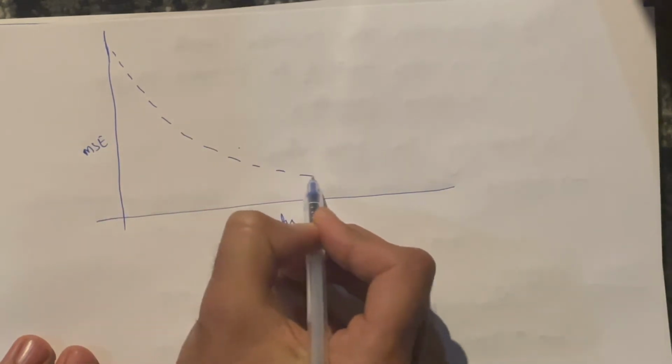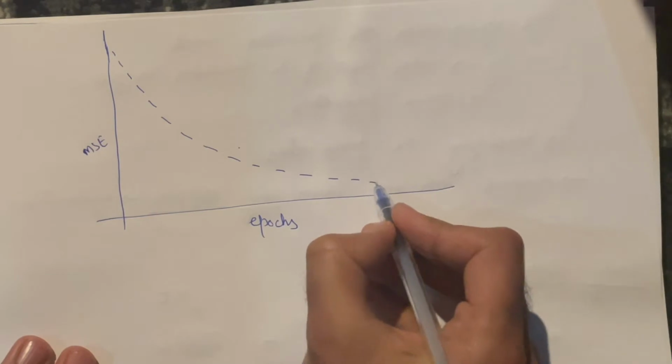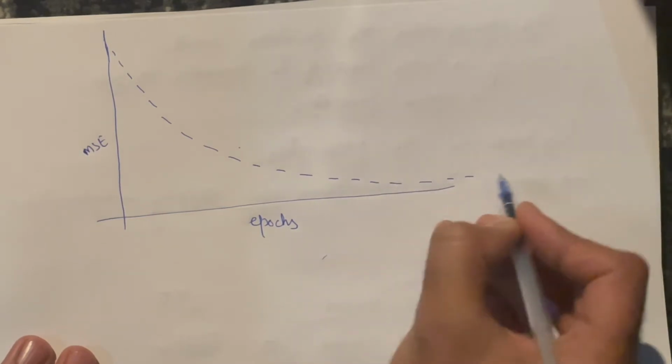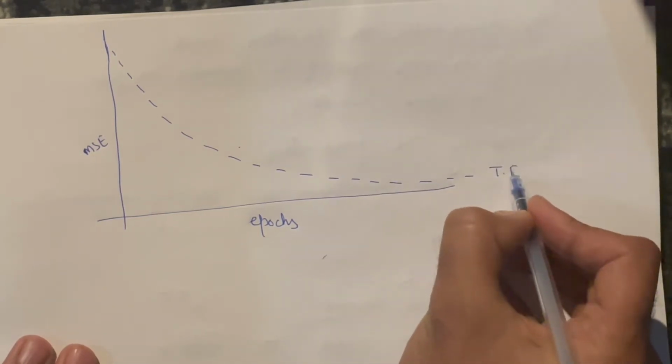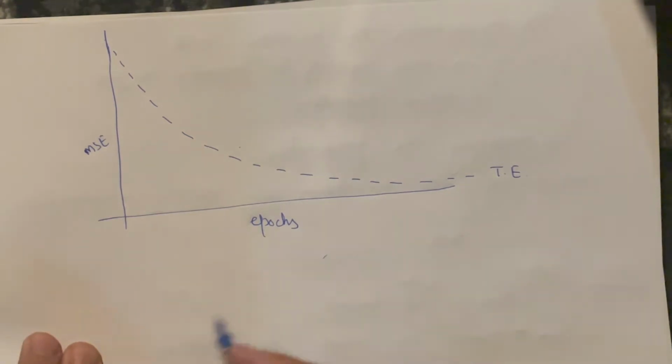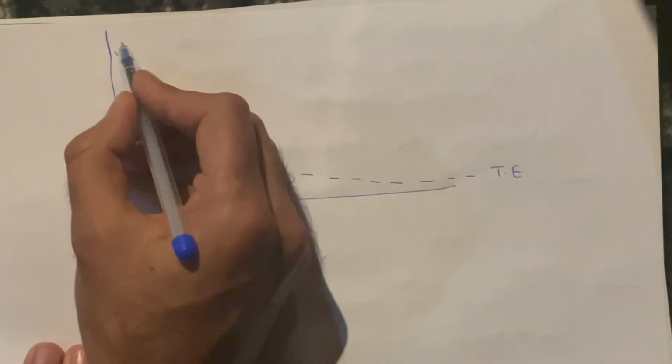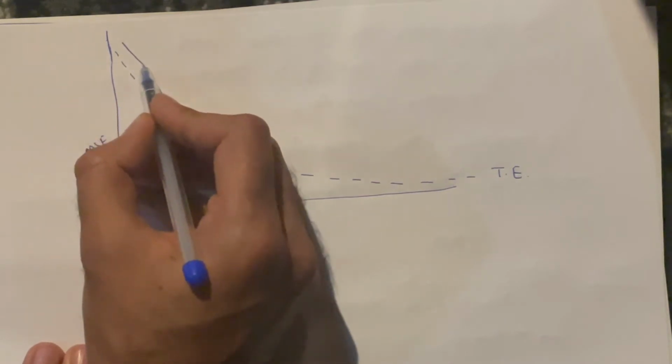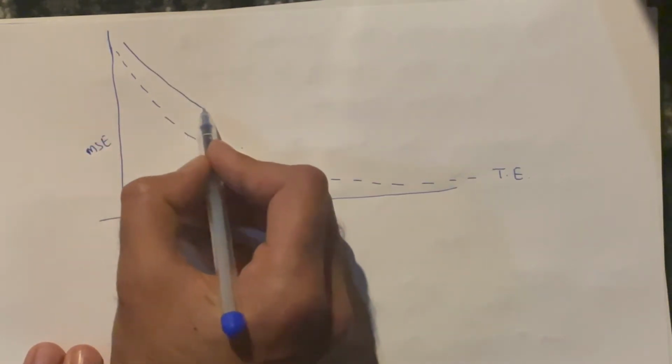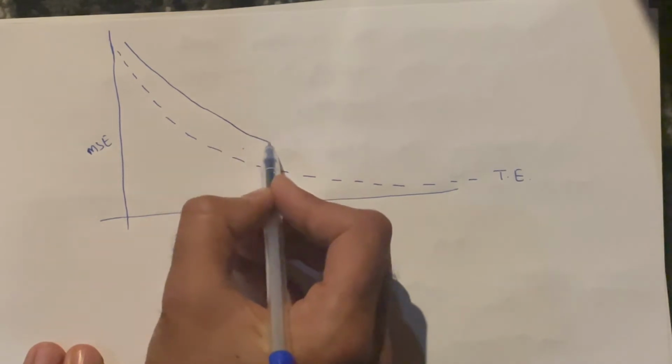This training error will go on decreasing. But when we are doing the iterations, after some time we will also check the validation error. The validation error will also decrease over multiple iterations.